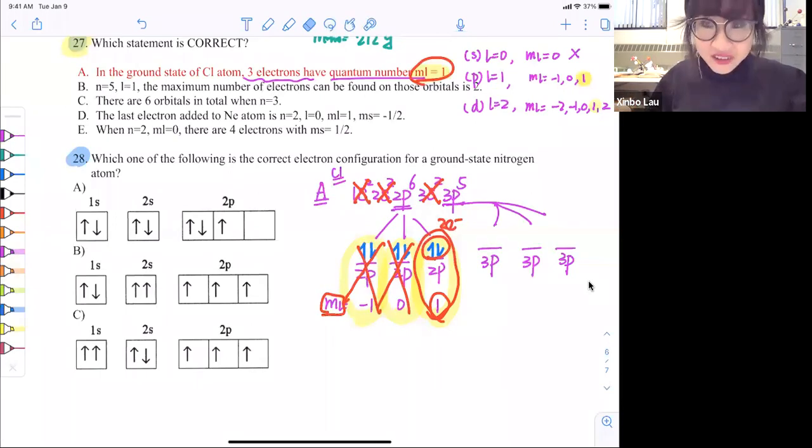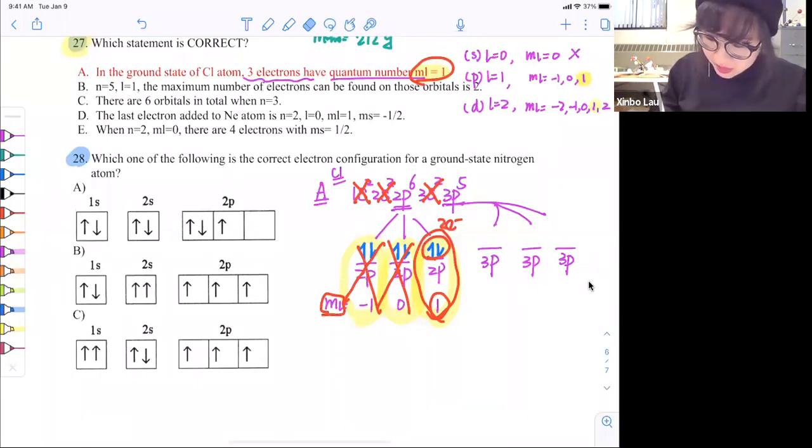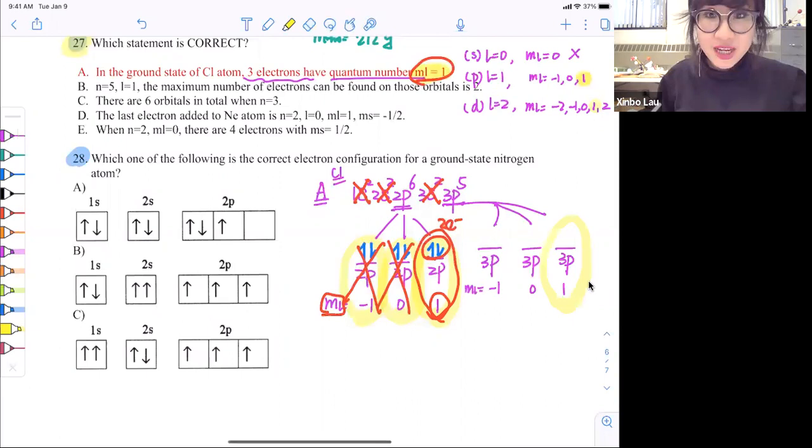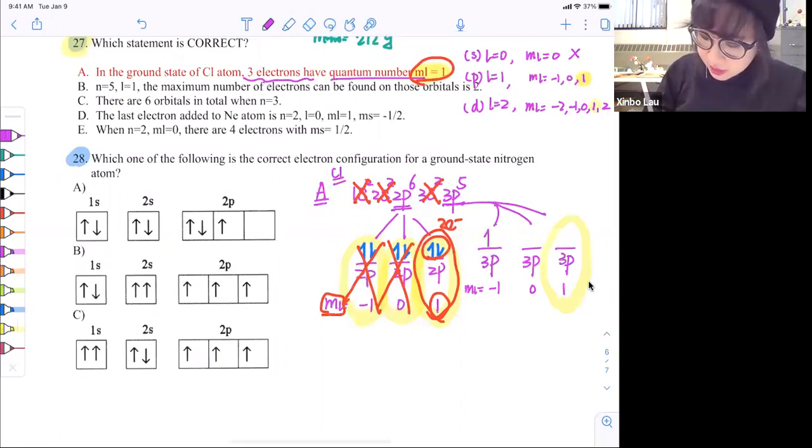Okay, so then I have 5 electrons. Before we go there, we also should remember this m sub L equals -1, 0, and 1. Do we care about the first 2? No, right? We only care about that's what we're looking for. One more time, the question mentioning m sub L equals 1. So I'm only looking for the last one. So when I have 5 electrons, how am I gonna assign them? 1 on each orbital first, then start to pair up.